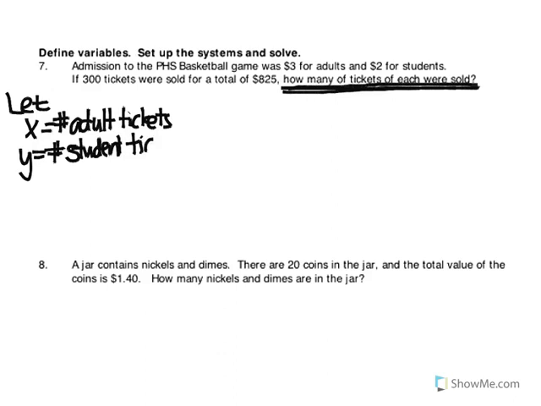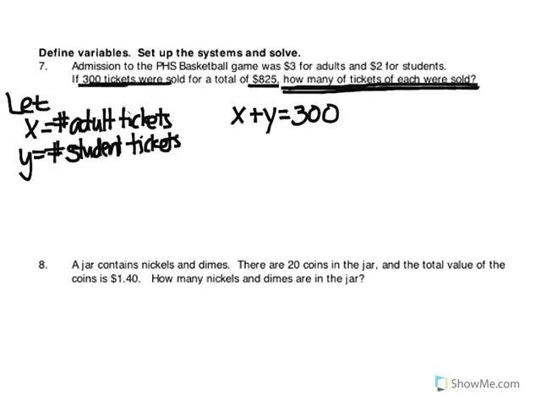Now we need to set up two equations. One of them is going to deal with the number of tickets that were sold, and the other one's going to deal with the amount of money that was raised. So to get the number of tickets that were sold, if x is the total number of adult tickets and y is the number of student tickets, then x plus y will equal 300, because that's how many tickets were sold.